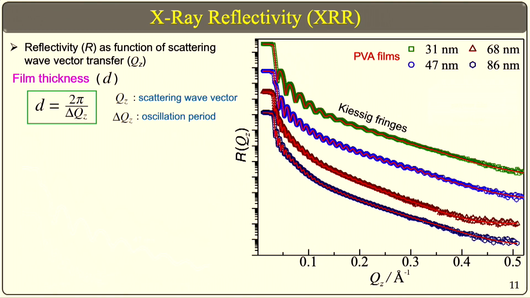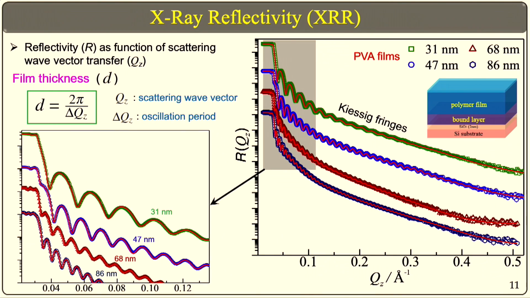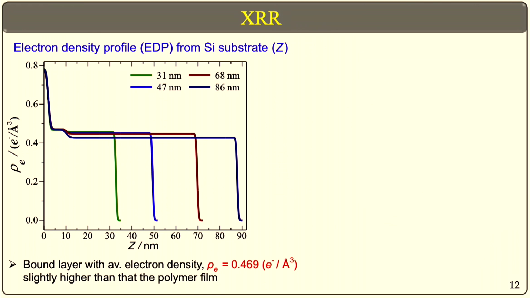However, we can further fit it using the so-called Parratt formalism, which is pretty common, and we fit it very well by considering a four-layer model, because you have a silicon substrate, SiO2, which is 2 nanometers, determined from SE, and then the two layers. This can be very well fitted by considering a bound layer and a polymer layer. By fitting this, we can determine the so-called electron density, which is basically how close the electrons are packed together.